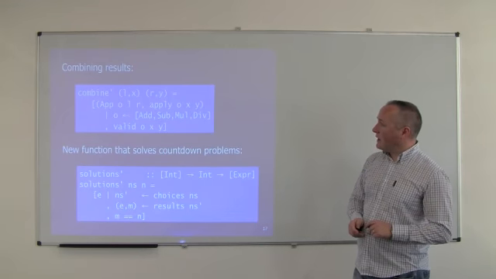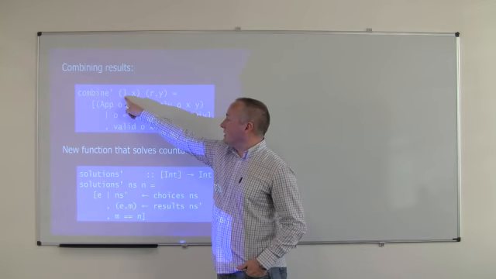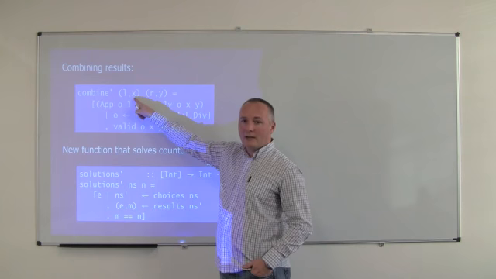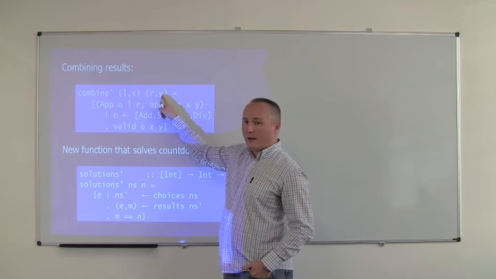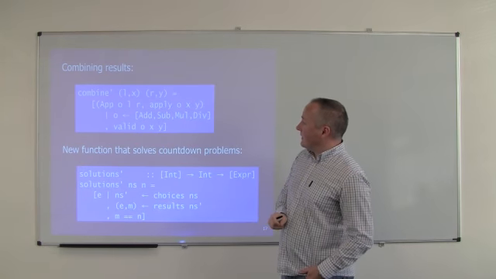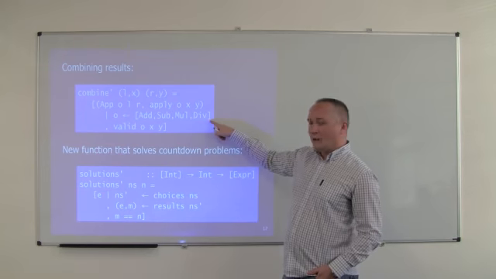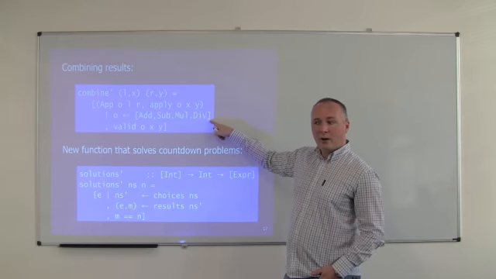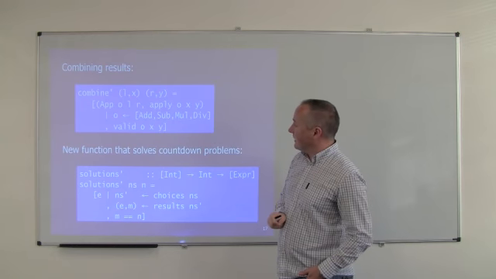So this is the point really where things are a little bit different. What the combine prime function does is it takes an expression l, which is valid, and its value x, which is a number, an expression r, which is valid, and its value y, which is a number, and then it's going to do a bunch of things. First of all, it's going to select each operator from the list of all four possible operators: add, subtract, multiply, and divide.